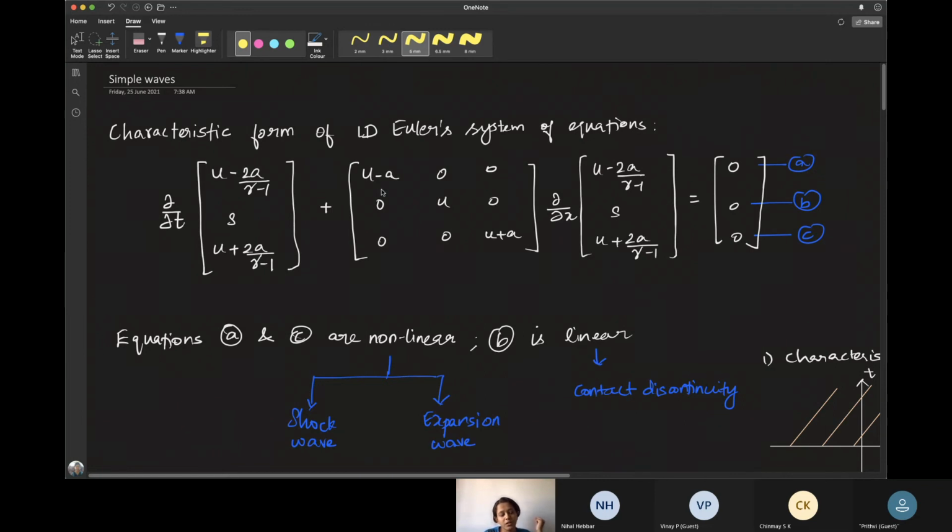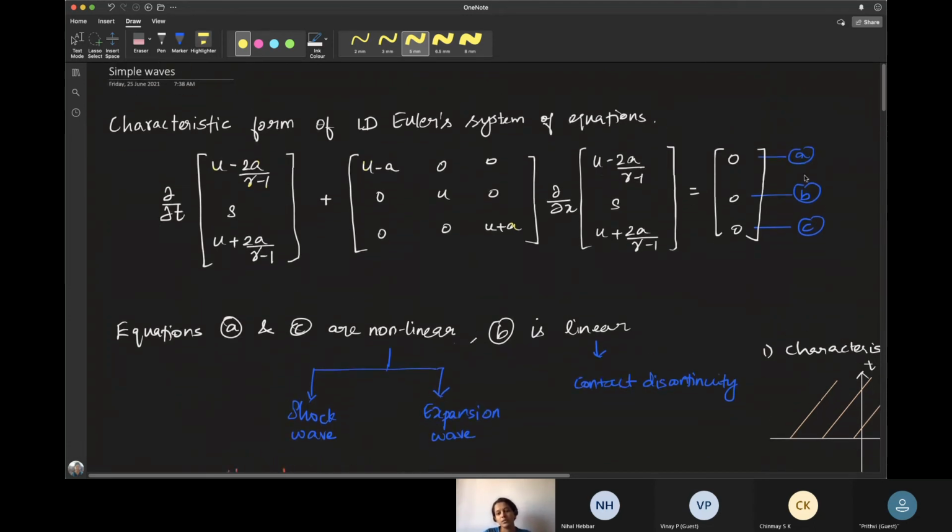These are moving along the characteristics given by u minus a, u and u plus a. That is, dx by dt equals u minus a is the characteristic along which u minus 2a by gamma minus 1 is traveling. So this is the characteristic form.